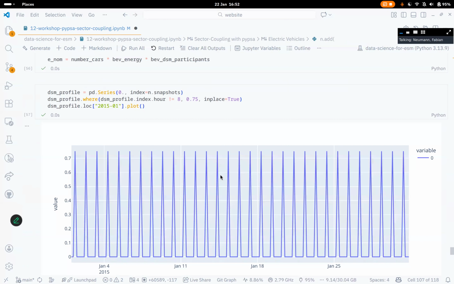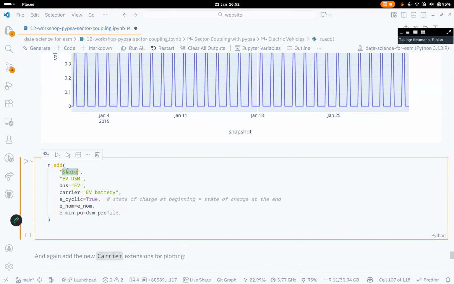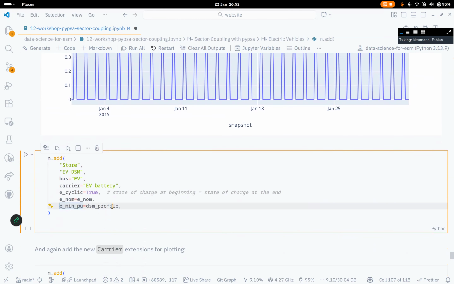For example, we would maybe say that each morning at 6 or 7 or 8, we require that state of charge is at least 75%. And that we can impose on a store component that represents the EV battery with set energy capacity and an e_min_pu, so a minimum per unit charging level. That is just our demand side management profile with these constraints for individual snapshots.